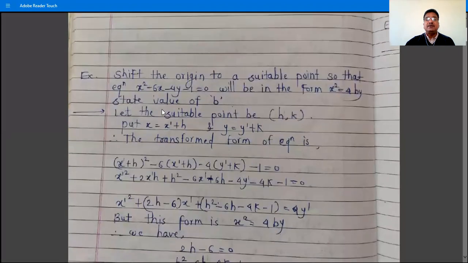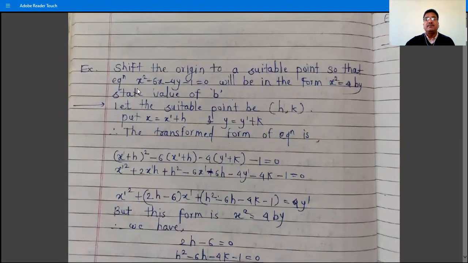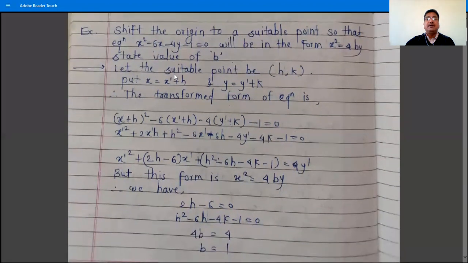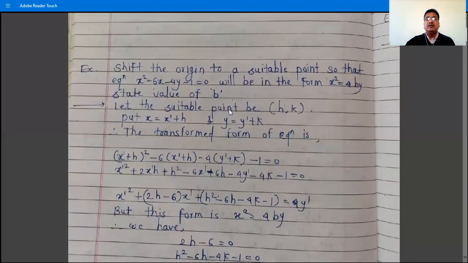The next example: shift the origin to a suitable point so that this equation will be in the form x^2 = 4by. State the value of b. So let the suitable point be (h, k). We have to find that point, the origin, such that if we shift the origin to it, then this equation transforms to this form.